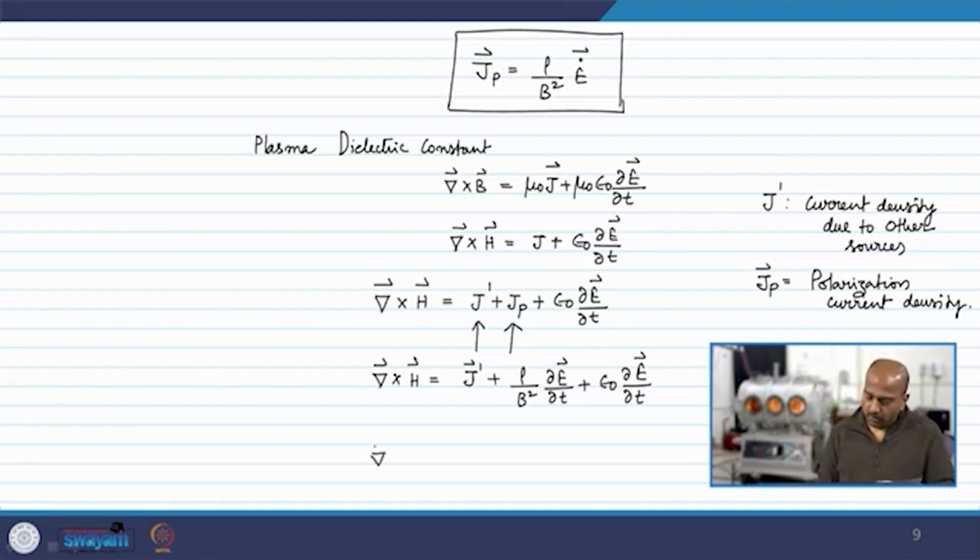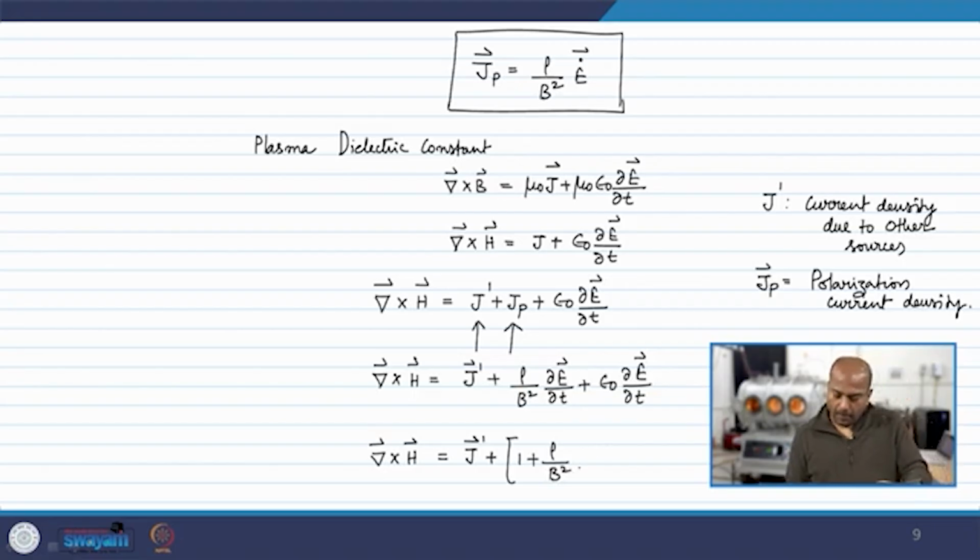or we can rearrange the terms on the right hand side: del cross H is equal to J prime plus 1 plus rho by B square epsilon naught times dou E by dou t.